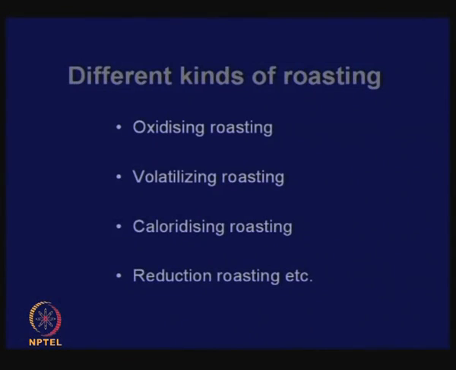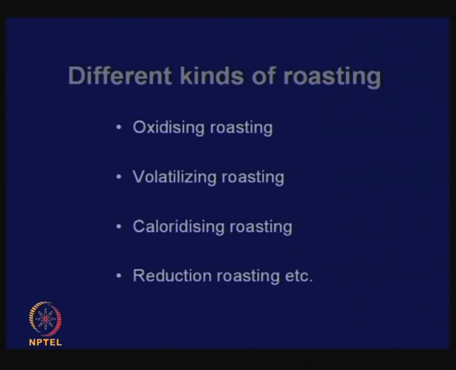Lead sulfide is roasted to form lead oxide, copper sulfide is roasted to form copper oxide, etc. There can be other kinds of roasting also. The first one I mentioned is oxidizing roasting, where the idea is to produce an oxide. By volatilizing roasting, I mean that you allow some part of that mineral to get separated through volatilization.